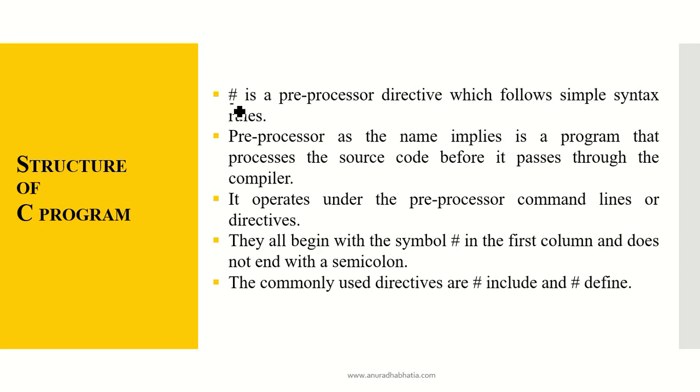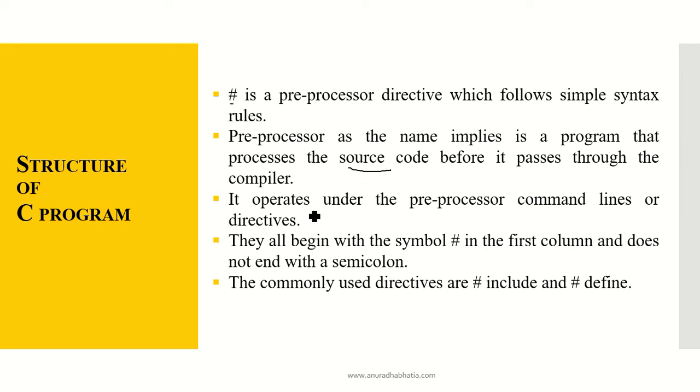The first statement that we wrote is #include. The hash stands for a preprocessor directive, which follows simple syntax rules. A preprocessor, as the name implies, is a program that processes the source code before it passes through the compiler. So #include is for including a file which has the source code for compiling the C program.